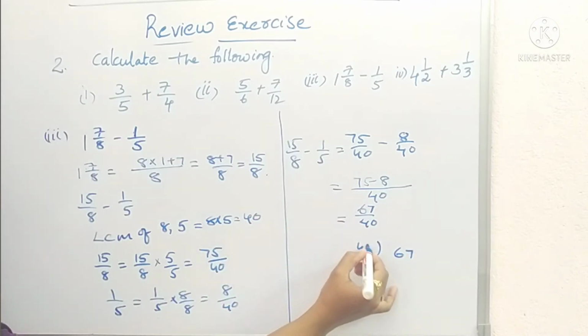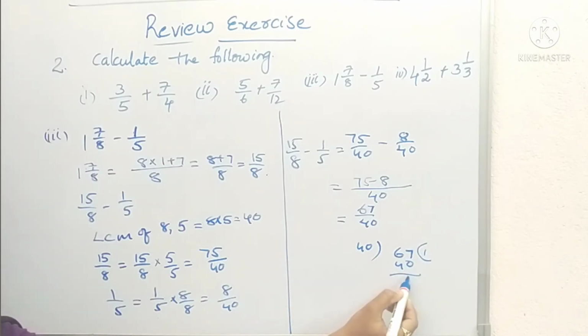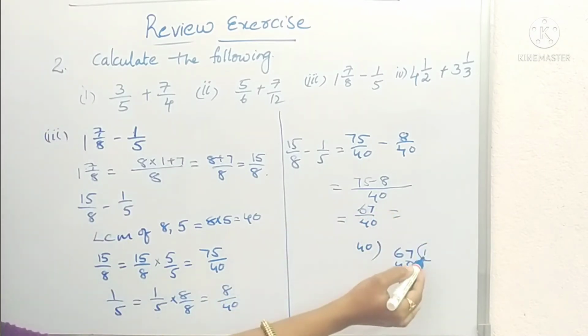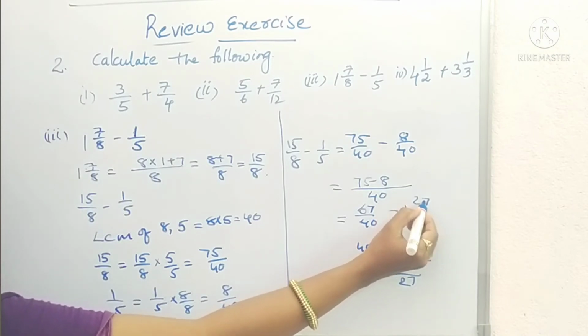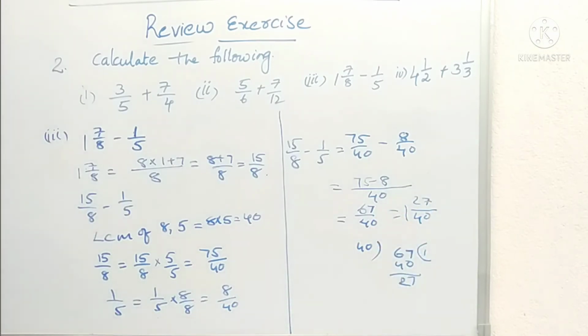Now take 67 and divide by 40. 40 ones are 40 and remainder 27. So we write the quotient 1, then the remainder 27 over the divisor 40. So 1 27 by 40. Okay.